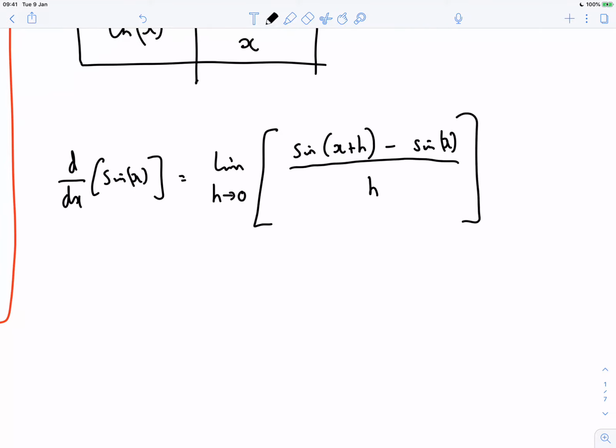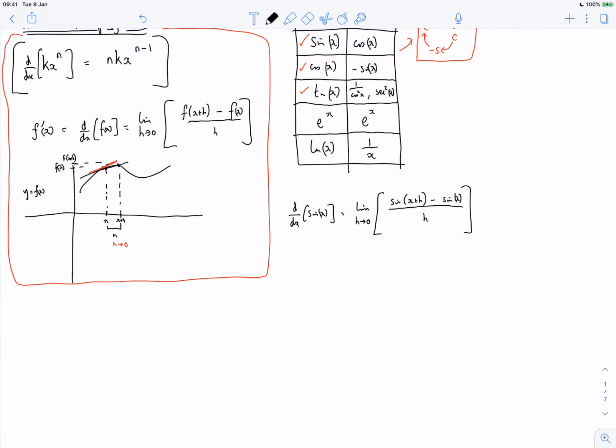Now all I'm doing is mimicking by first principles how to differentiate, and my f of x function is my sine of x, so x plus h is going to be put into my sine function like so. That's all I'm doing.